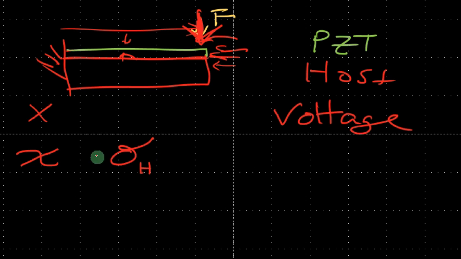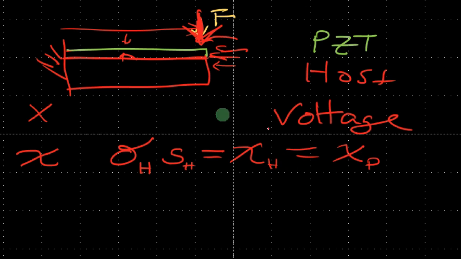And the stress in the host material is equal to the compliance of the host material, compliance H, times the strain in the host material, which would also equal the strain in the piezo. But we're only considering the maximum stress of that.